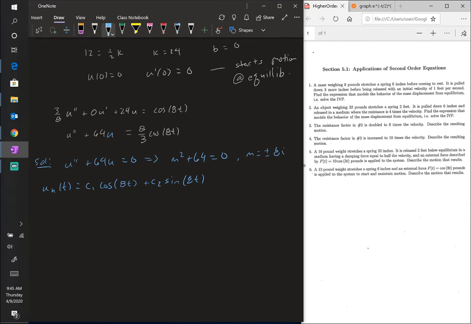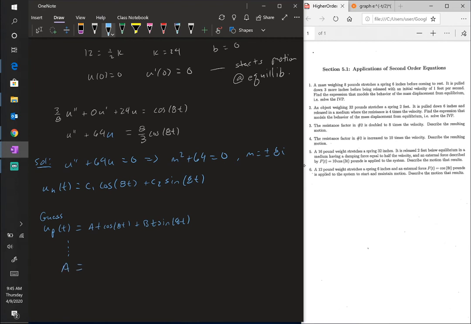So UP of t equals, normally we just guess A cosine 8t plus B sine 8t, but that duplicates UH. So we have to multiply by t. So we say A t cosine 8t plus B t sine 8t. Do all the work.